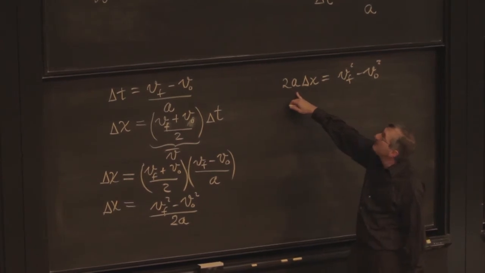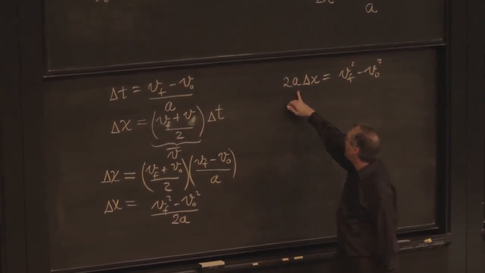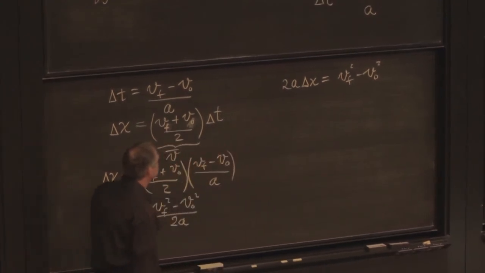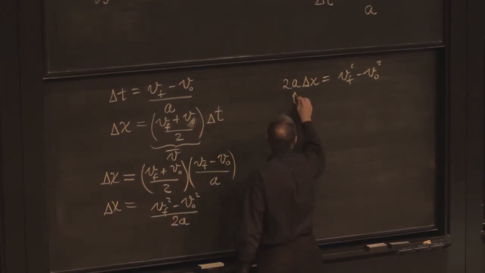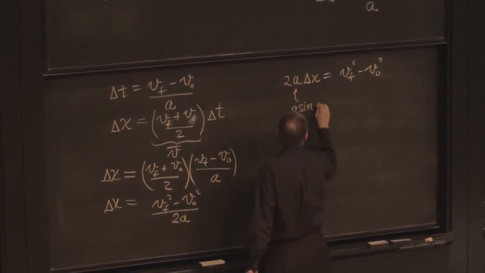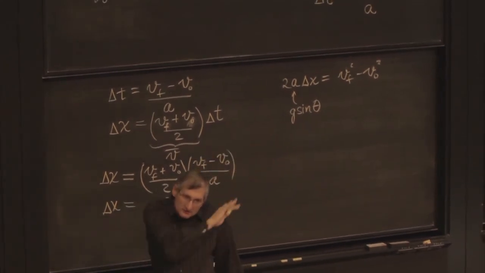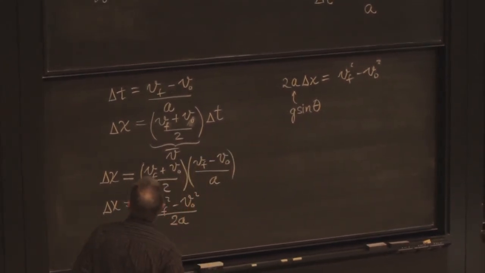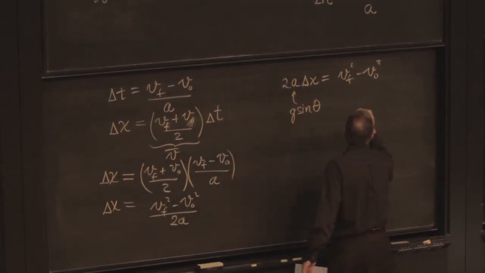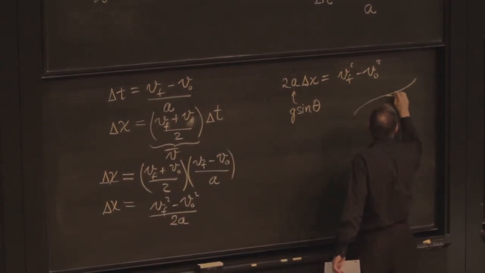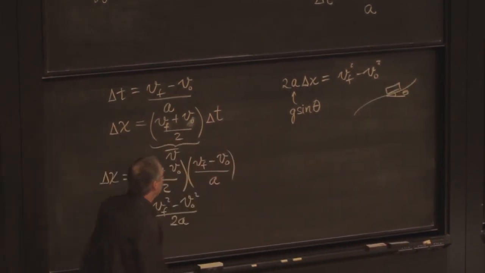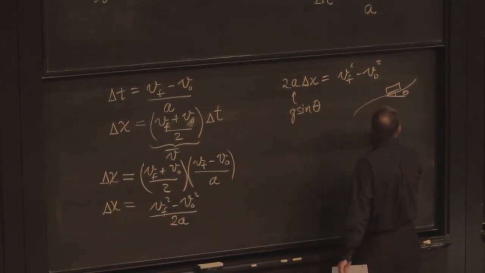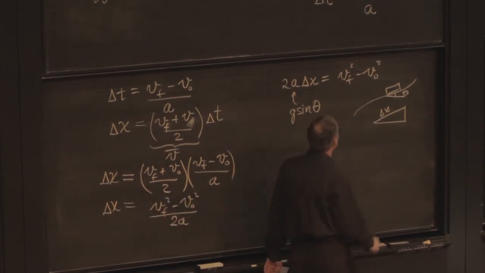But we already figured out, depending on the slope, what a should be in this case. What should the acceleration be? It should be g times the sine of whatever angle is describing that little stretch, right? So where we are up there, we have a little stretch, so we have at the moment some little angle theta, and we have a delta x, which is the distance traveled down the slope.